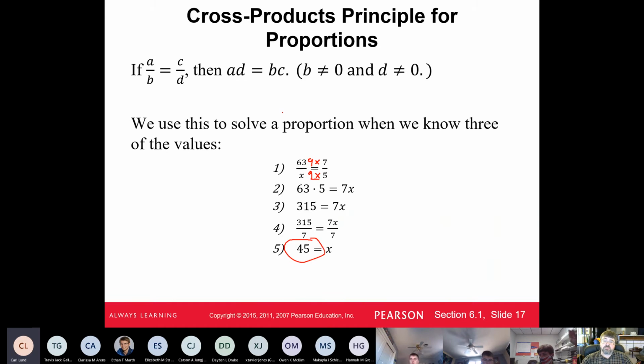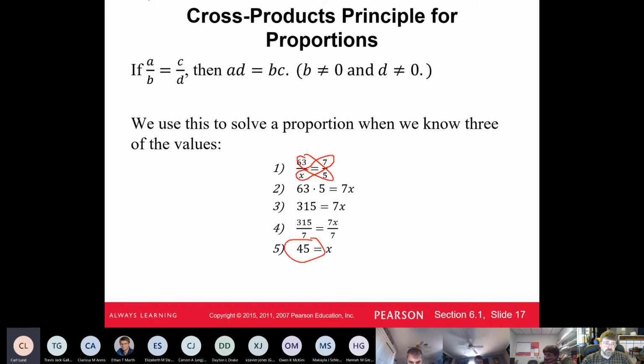And again, the cross products principle tells us that we don't have to figure out that since 7 times 9 is 63, we multiply 5 times 9 to get 45. That can be a shortcut if we can do that. But what will always solve it for us is cross multiplying: first go from the top left to the bottom right, and then from the bottom right to the top left.